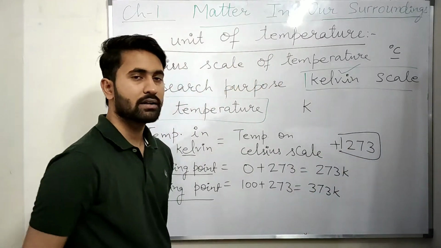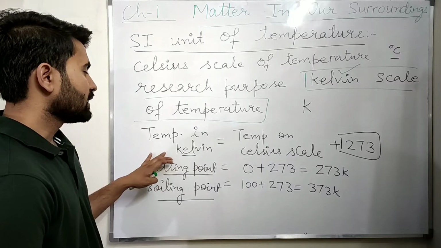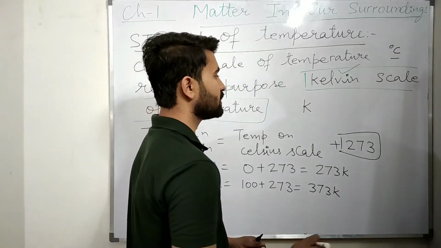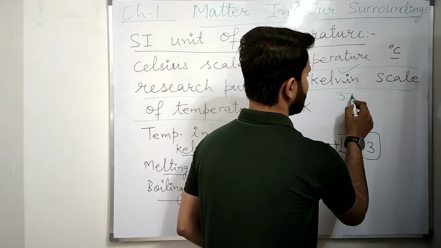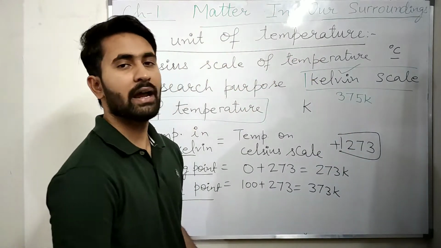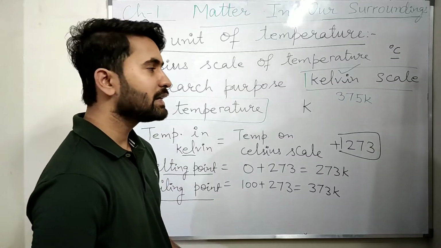Suppose it is given that the temperature on Kelvin scale is 375 Kelvin, and we have to convert it into degree Celsius.